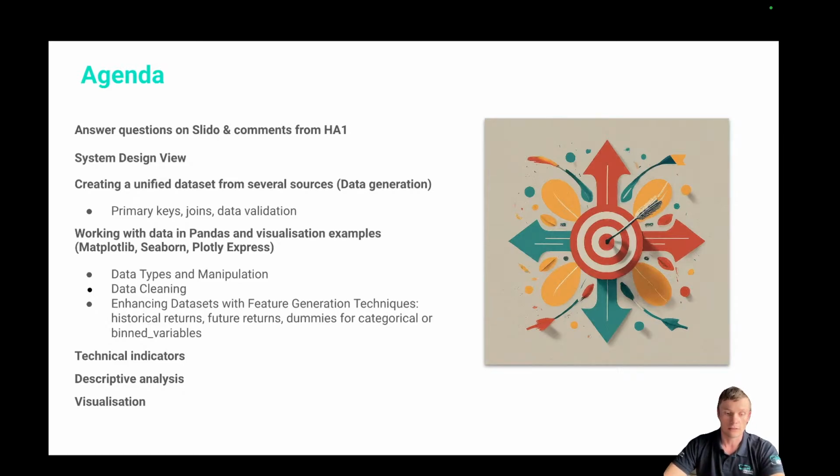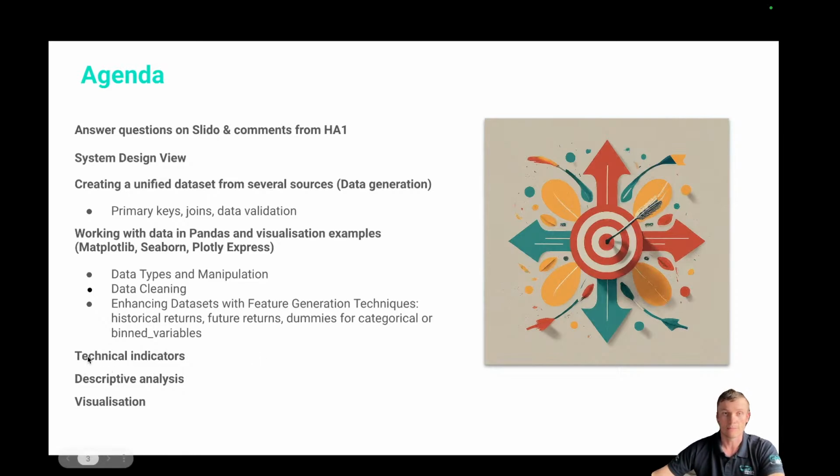We will describe in detail how to transform data types, how to do data cleaning, and how to enhance the dataset for next steps, how to generate new features, which features are the most important ones, such as historical returns, future returns, and then we will spend some time on discussing technical indicators.